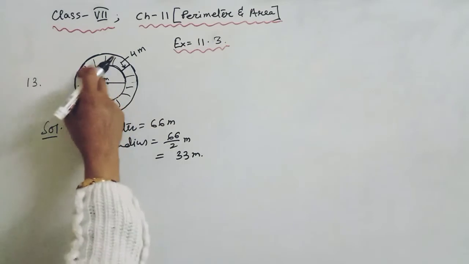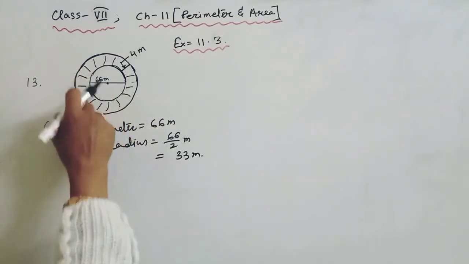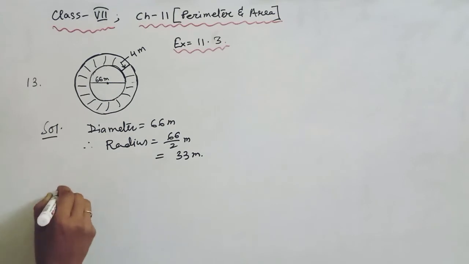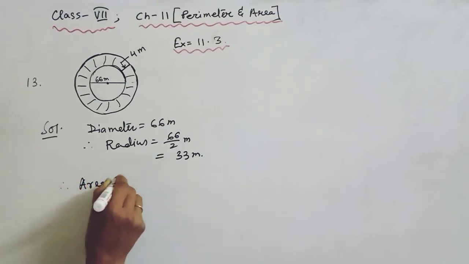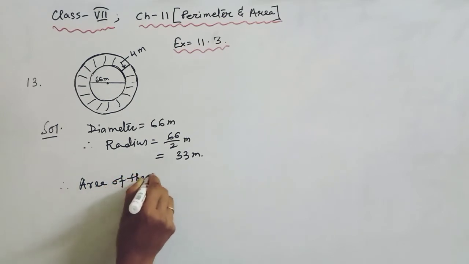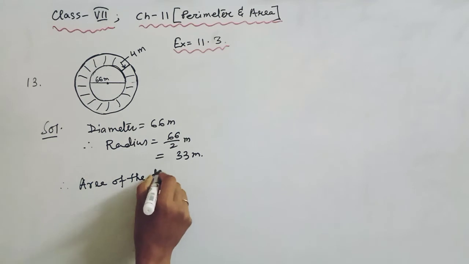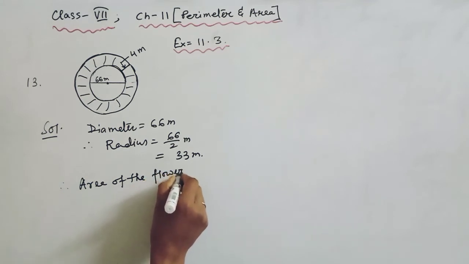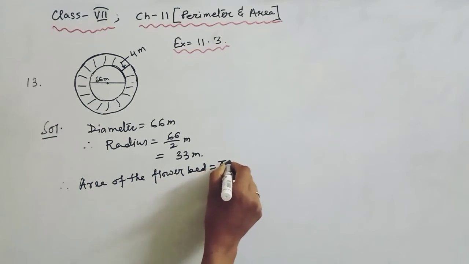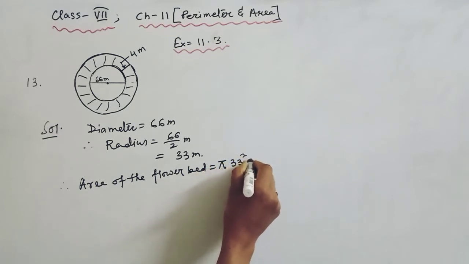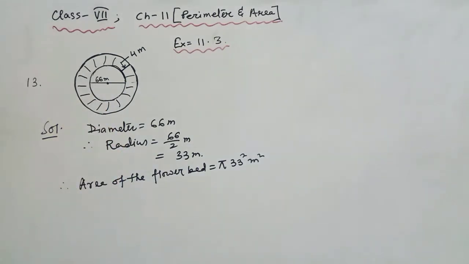So the inner circle whose radius is 33 meter, easily you can find the area of the inner circle. Therefore area of the flower bed, which is the inner circle only, equal to pi into 33 square meter square, because 33 is the radius of the inner circle.